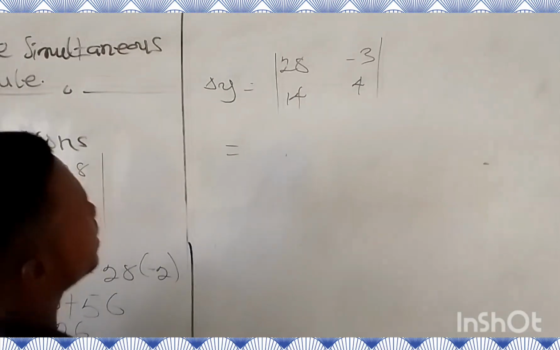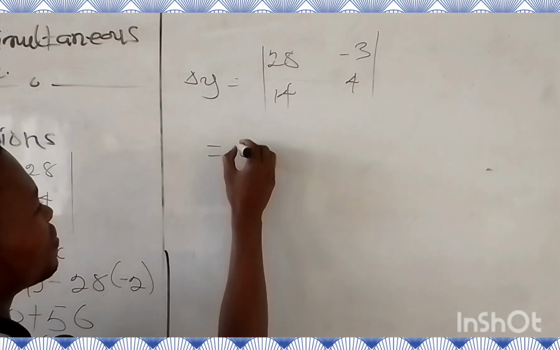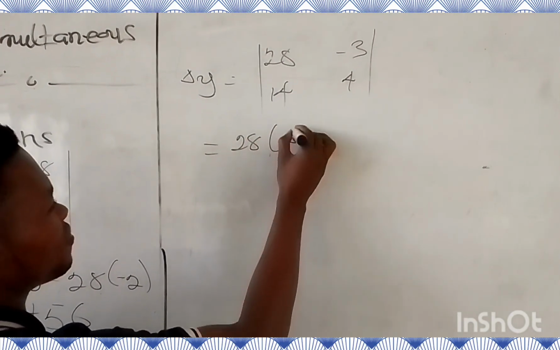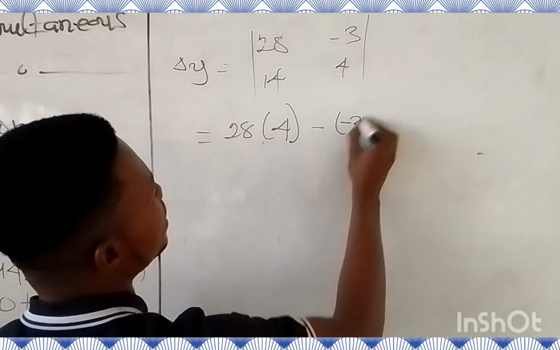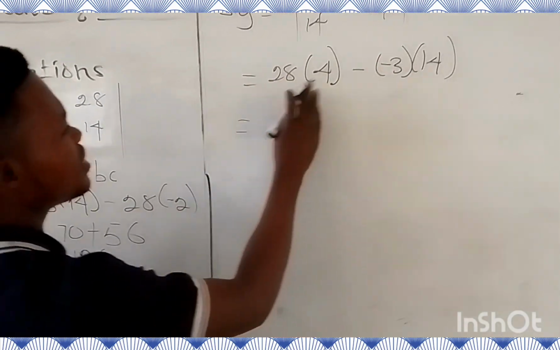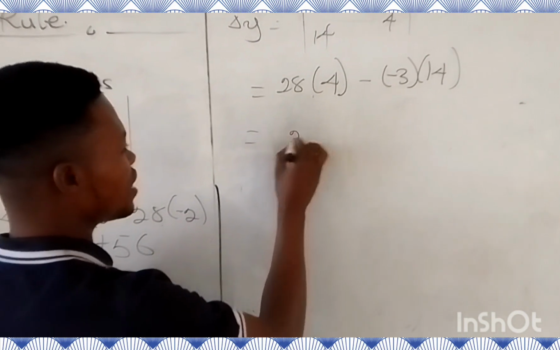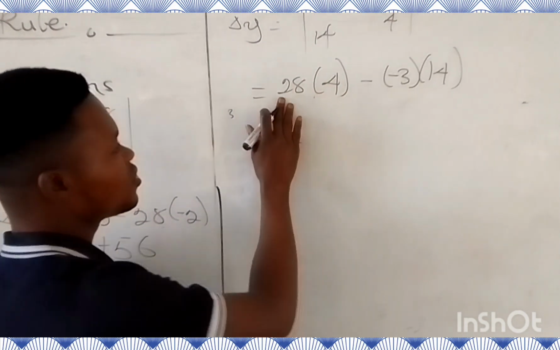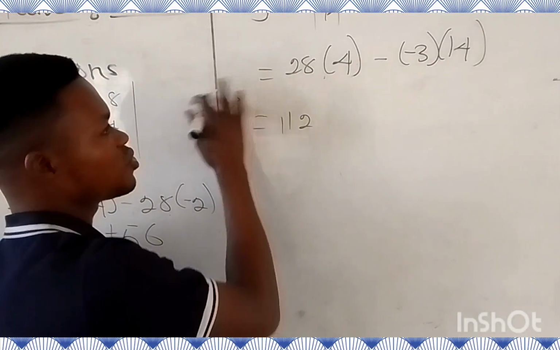Finding the determinant: this times this, minus this times this. So we have 28 multiplying 4, minus negative 3 multiplying 14. 28 times 4 gives 112.